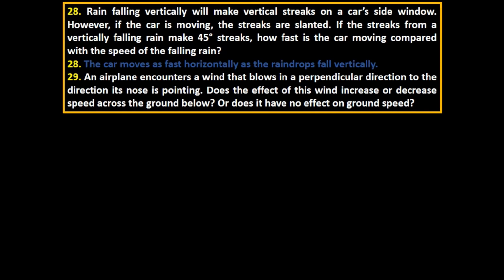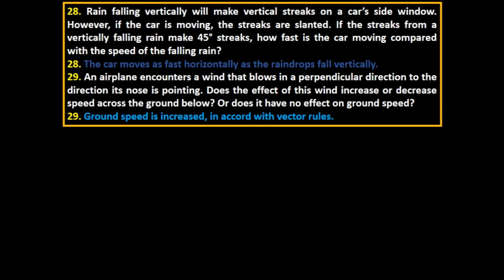An airplane encounters a wind that blows in a perpendicular direction to the direction its nose is pointing. Does the effect of the wind increase or decrease the speed across the ground, or does it have no effect on ground speed? Well, the ground speed is increased in accord with the vector rules.